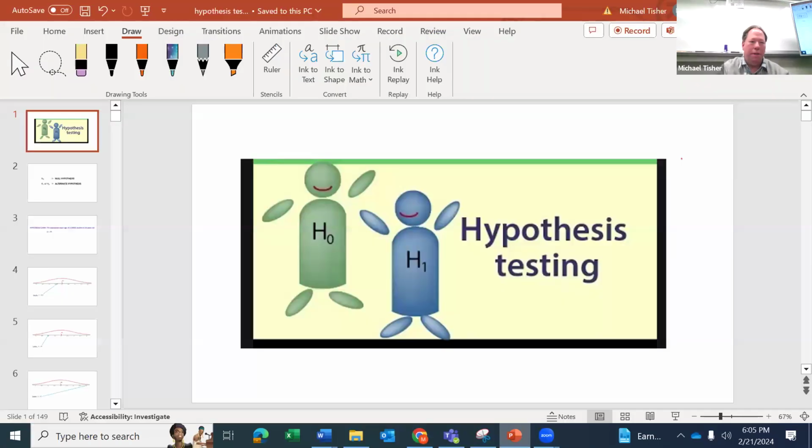And this is the first page of the PowerPoint. Okay, so in hypothesis testing, you're basically going to have 2 different things, one called H0 and H1. And they're always going to be fighting with each other to see who's going to win. All right, so that's why they're like that. And the H0 is called the null hypothesis.